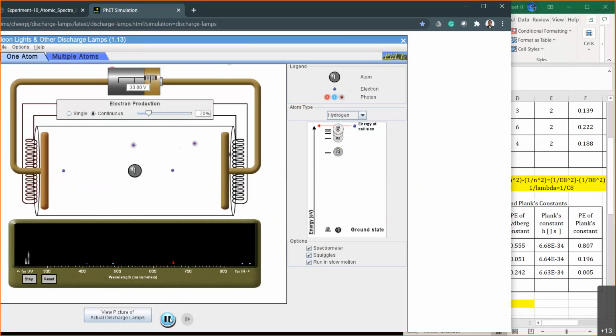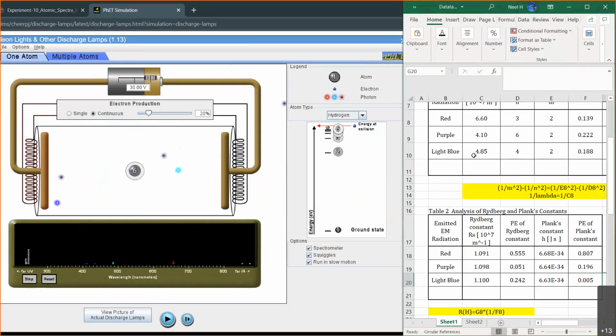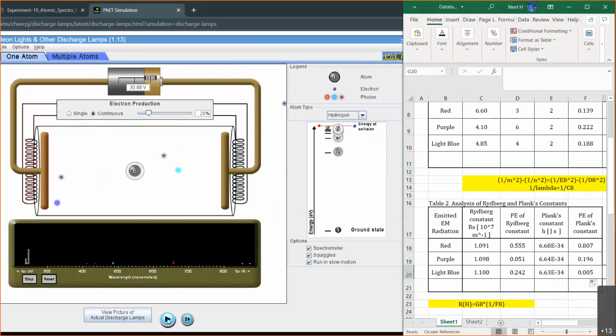There should be one other color we should be able to see. 5 to 1, nothing. 4 to 2, same light blue, we already have it. Dark blue actually appeared there, right? But I did not point that out properly, I think. Okay, let us continue. It will appear again.